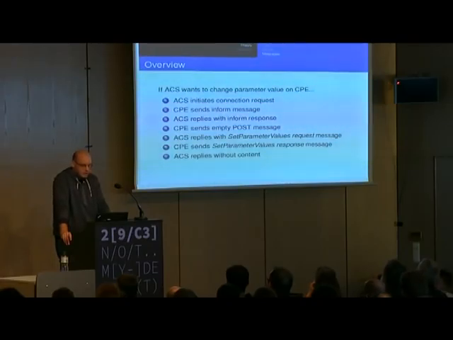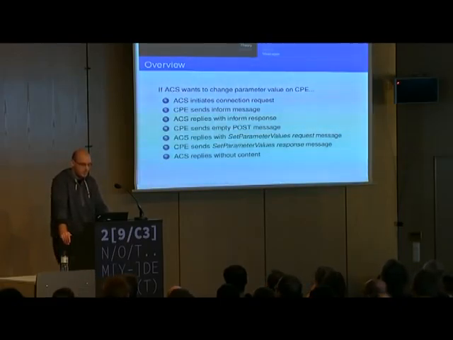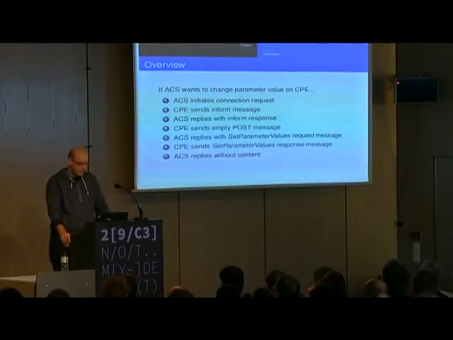So how does the communication look like? This is the longest one, okay? It can be shorter. So let's say the ACS wants to change or get some parameter. It will initiate the connection request. After that, the CP will contact the ACS on its already configured URL.